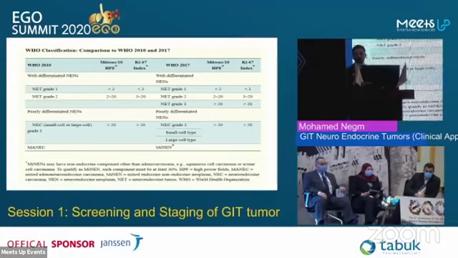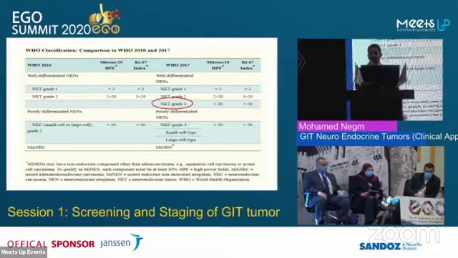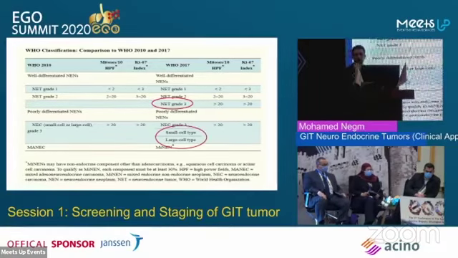In 2017, they added grade 3 in well-differentiated tumors. And then in poorly differentiated, they divided grade 3 into small cell type and large cell type. And again, why are we saying this? What is the benefit of this? This will help with the treatment decision.